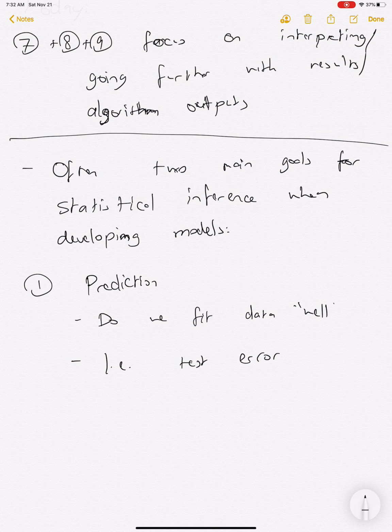What well actually means depends on the application, because as we saw for the biochem exam, we could fit that data reasonably well. We got an accuracy of about 83-84% with simple logistic regression with main effects terms.